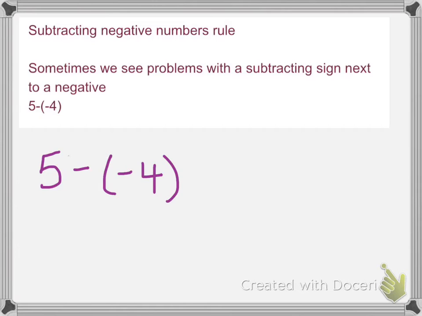Sometimes we get problems where we are subtracting, see our subtraction sign, a negative number. Whenever you have two subtraction or two negative signs next to each other, we are going to add.